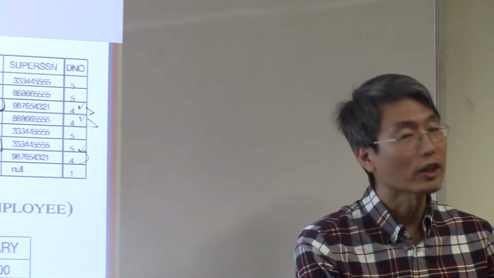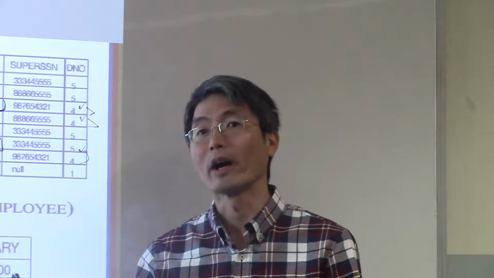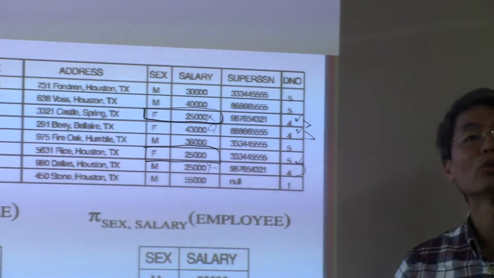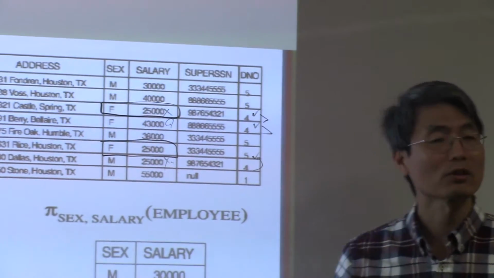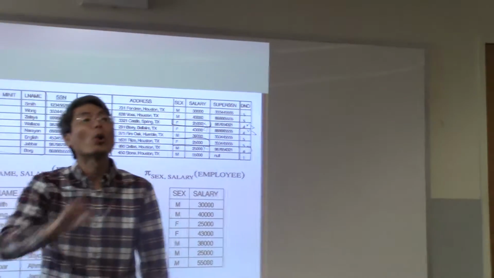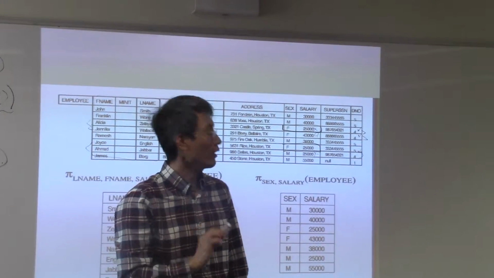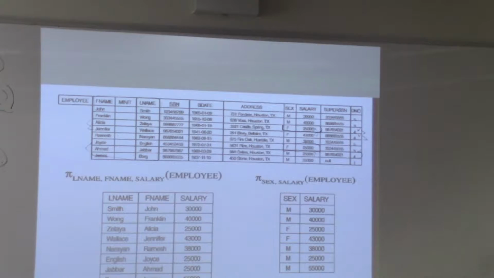It's a group of data, but it should be unique and not none, right? So, the primary key. In other words, it should be unique. They don't allow duplicate data. So any relational operation automatically removes duplicate data. That is the reason we have only one female 25,000.